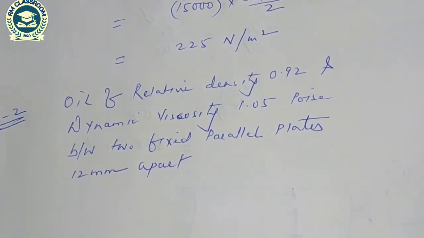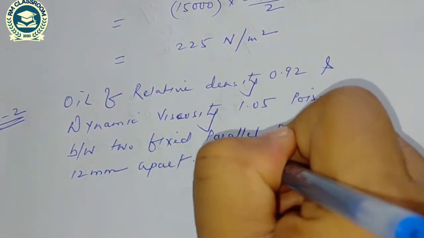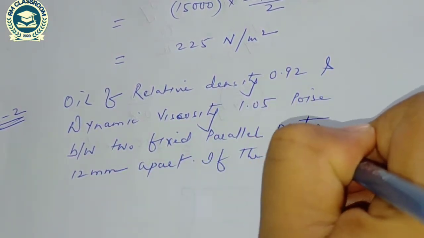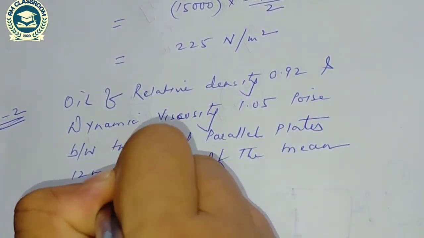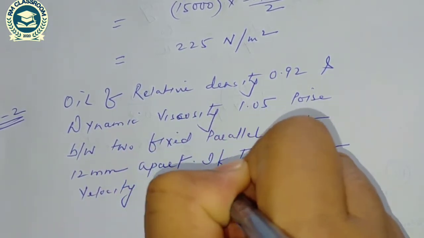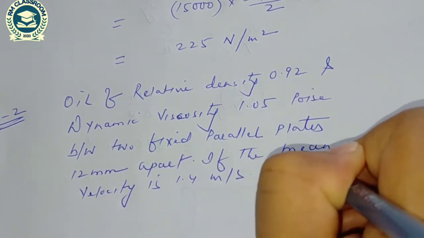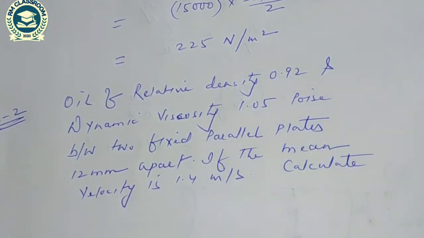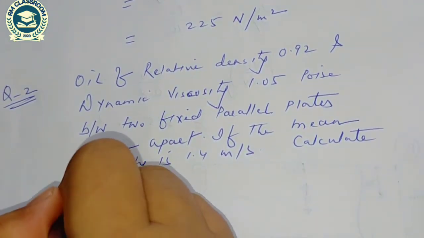If the mean velocity is 1.4 meter per second, calculate maximum velocity.